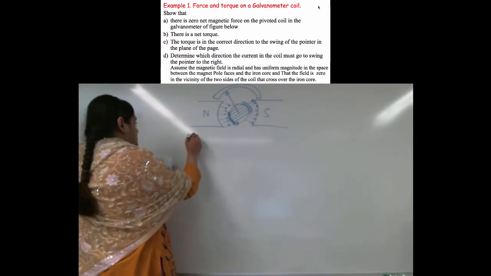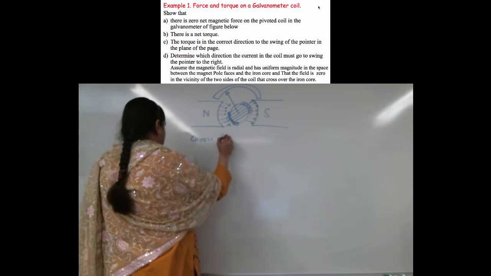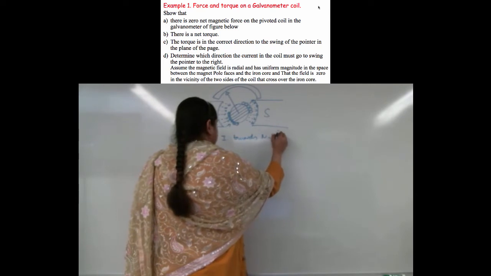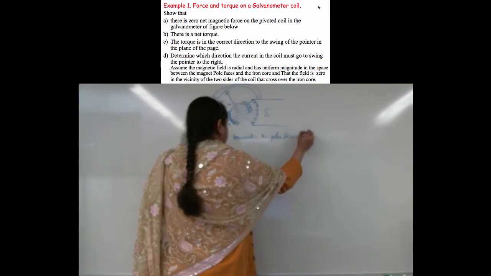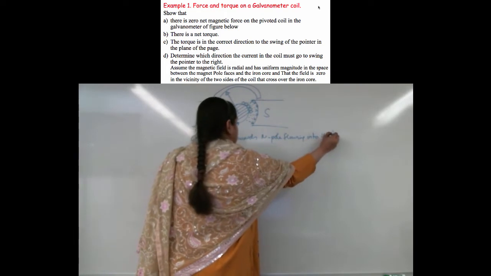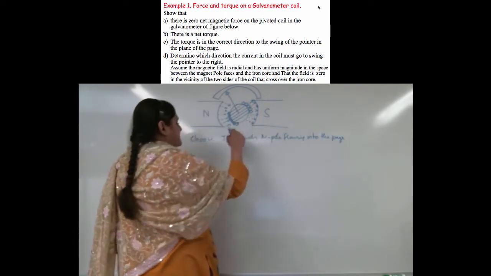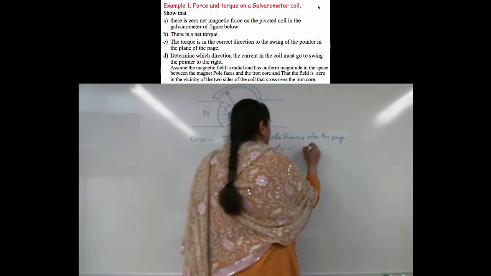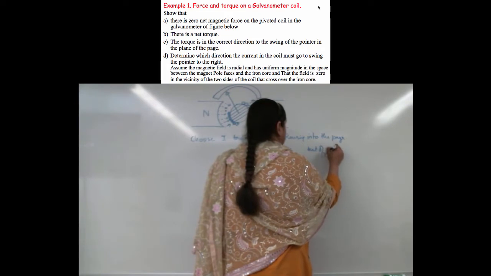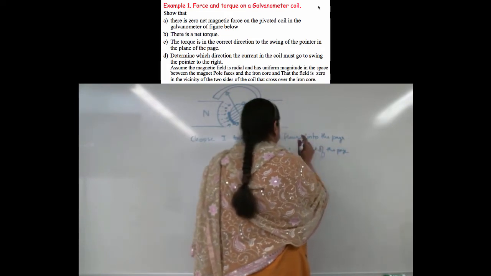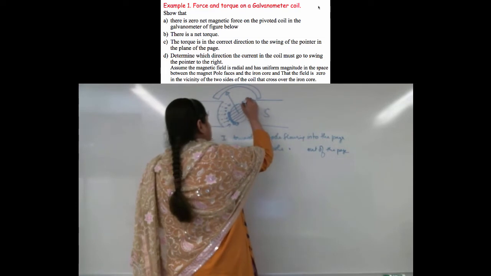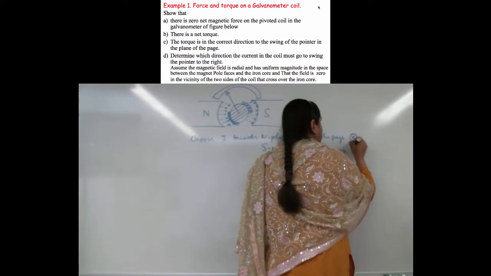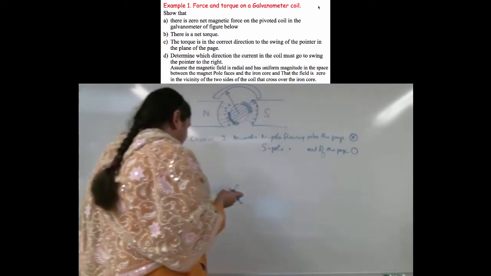We can choose I towards the north pole to be flowing into the page like this, and I choose I towards the south pole to be flowing out of the page. So this would be represented by these dots here. Towards the north, it will be represented by this. Towards the south, it will be represented by this.